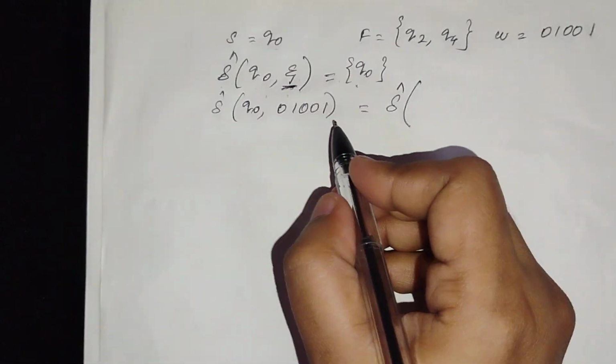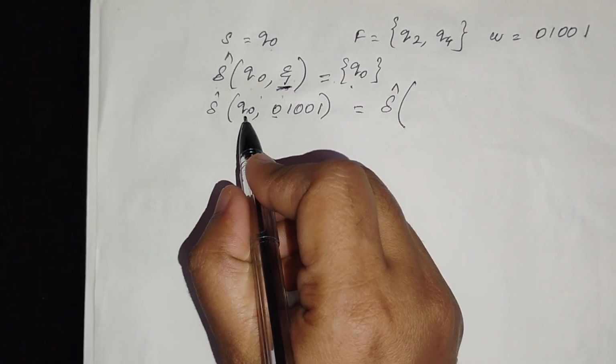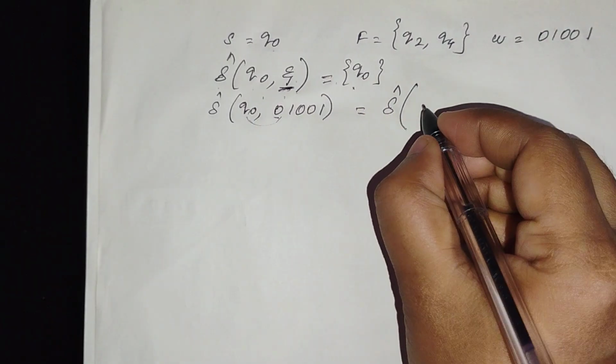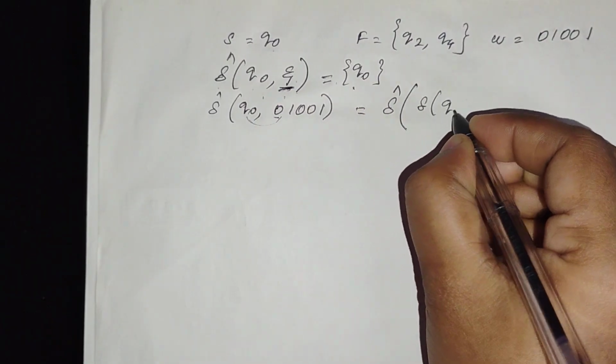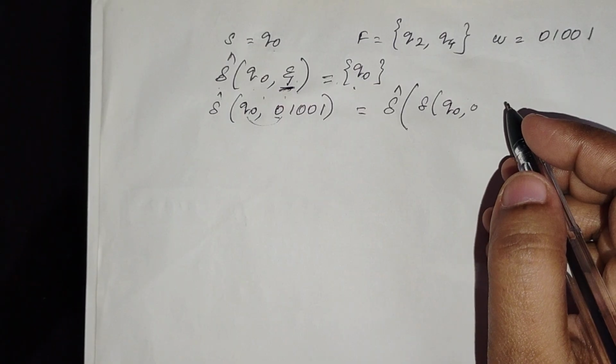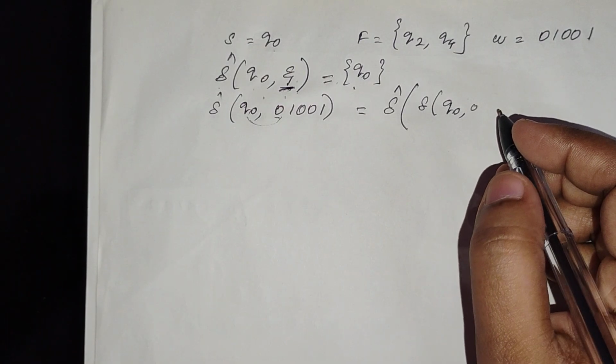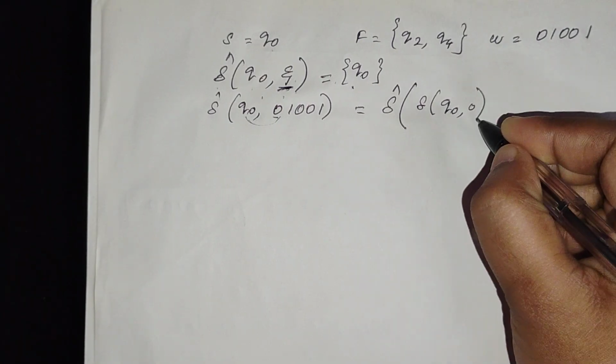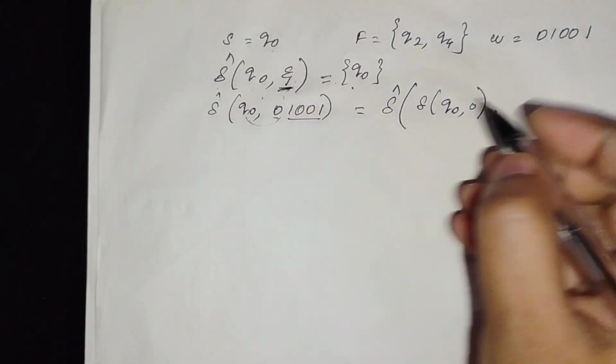We have to take each symbol with this Q0, step by step, taking a single symbol at each step. So Q0, 0, with the remaining string 1001.